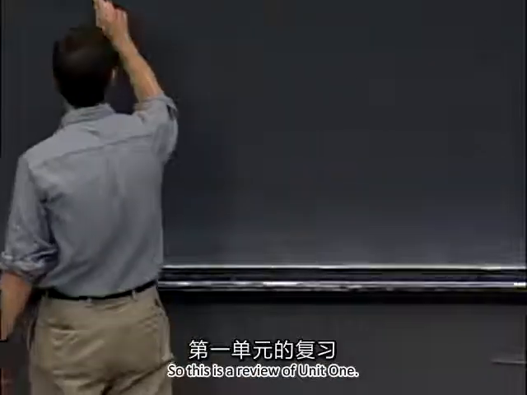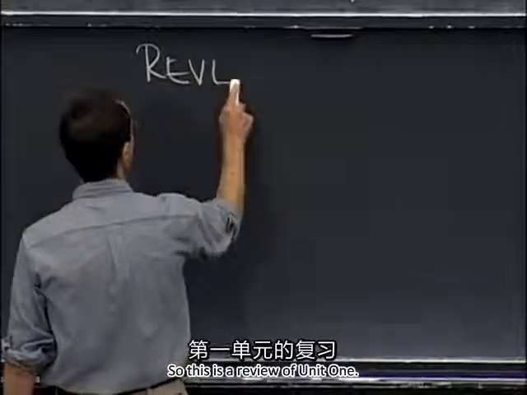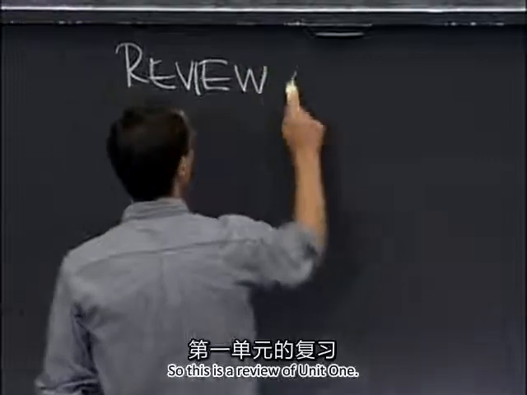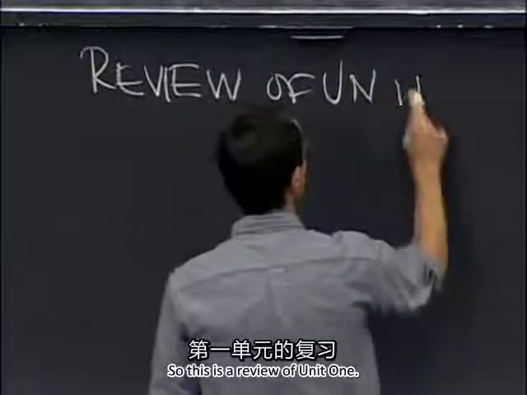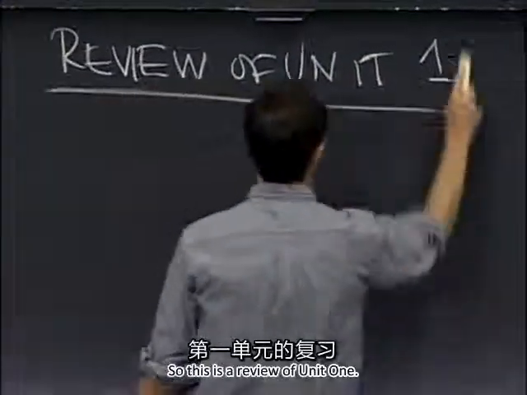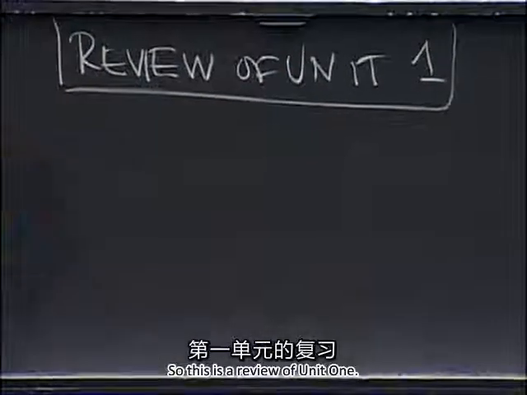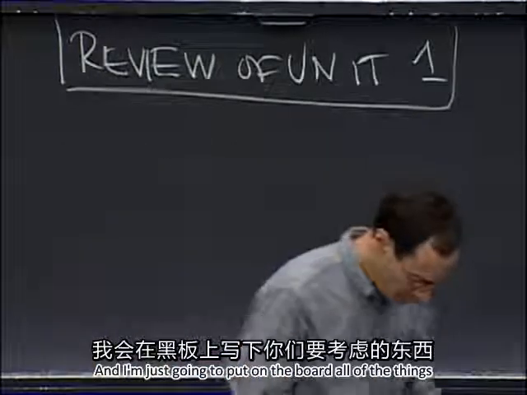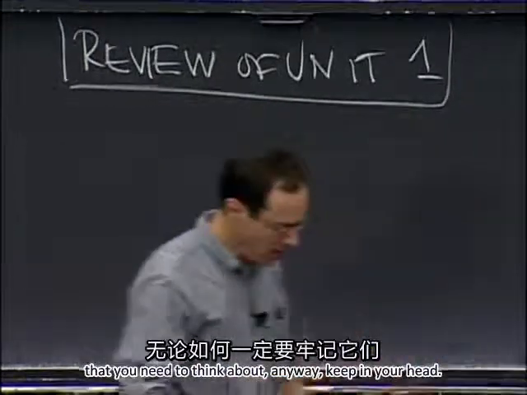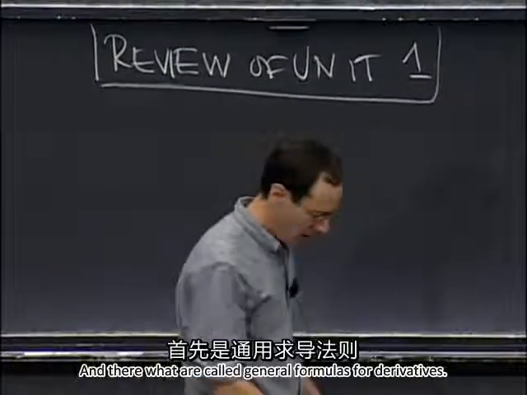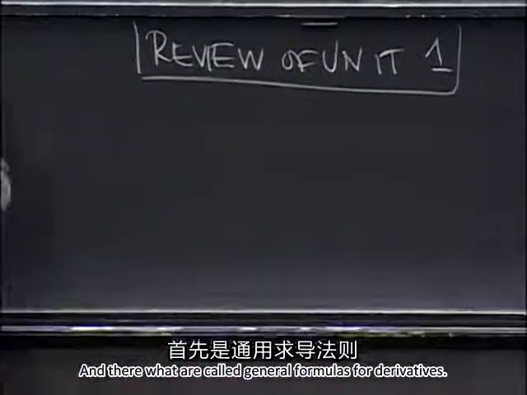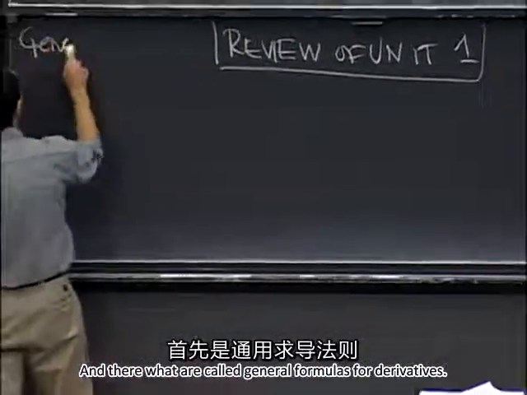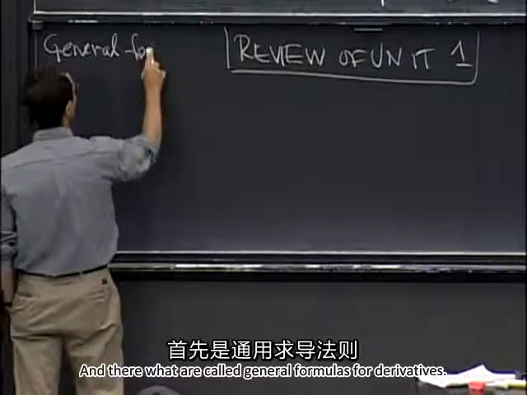All right, so this is a review of Unit 1. And I'm going to just put on the board all of the things that you need to think about, anyway, keep in your head. And so there are what are called general formulas for derivatives.